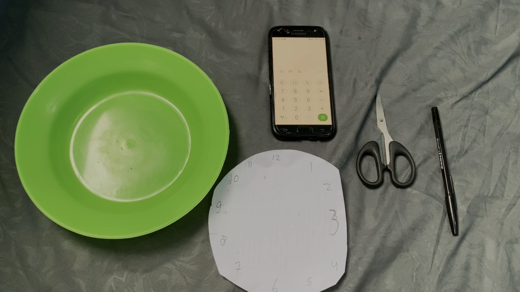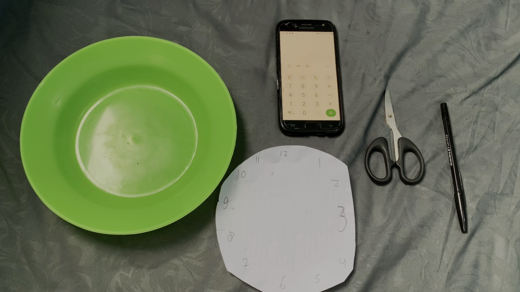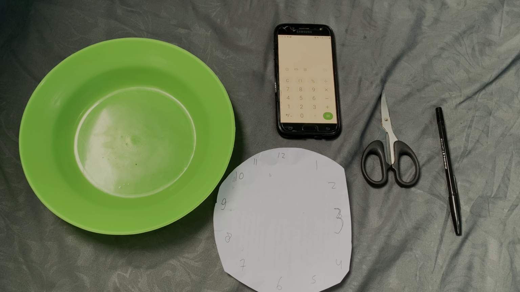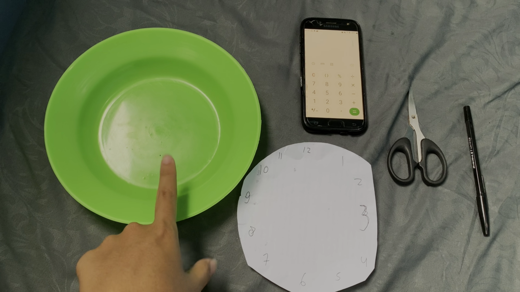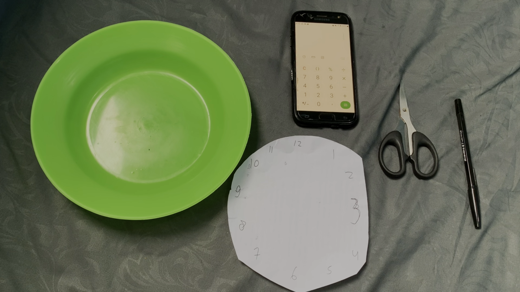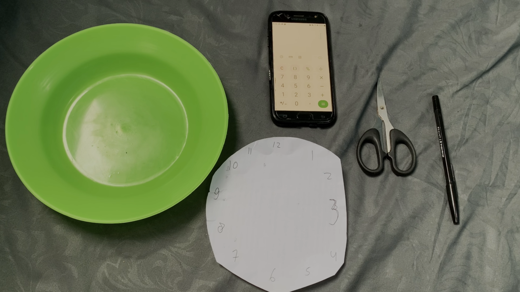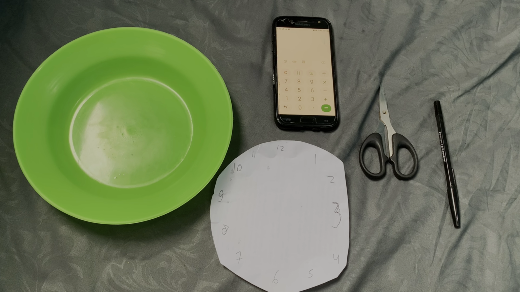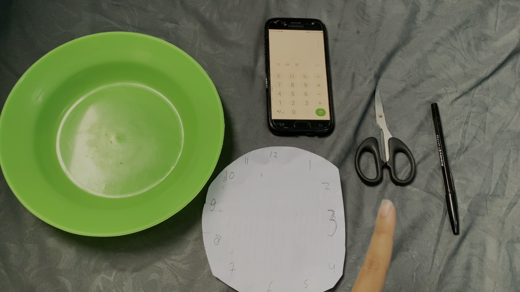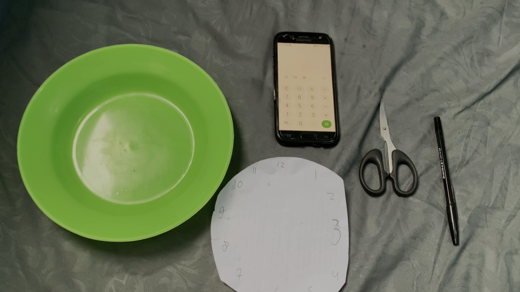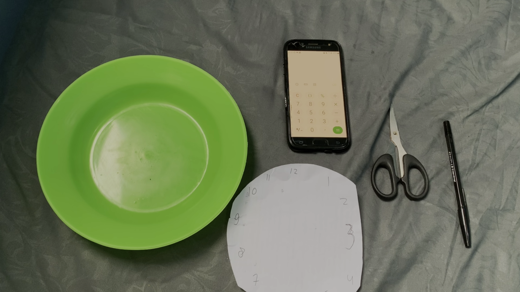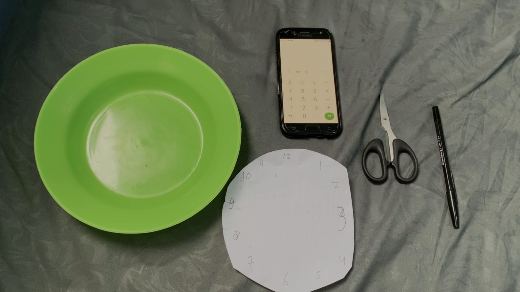The tools we have to demonstrate are: the first one is the split two base of the times, the second is the drawing of the clock, the third one is the pen, the fourth one is the resort, and the fifth is the smartphone for the calculator. So let's check it out.